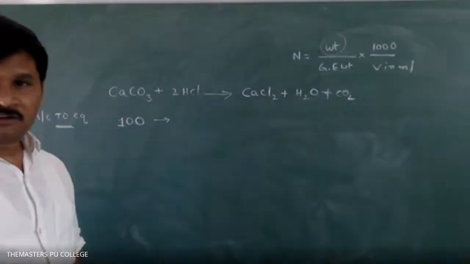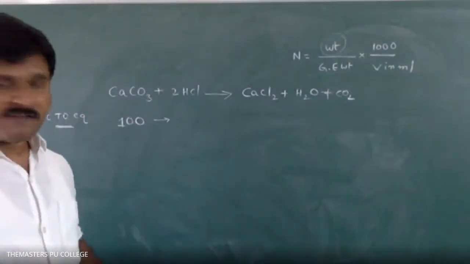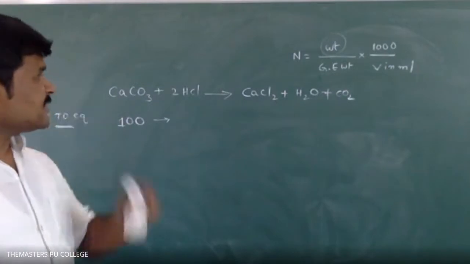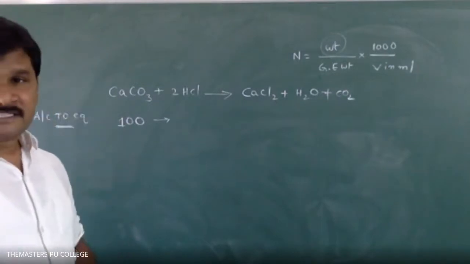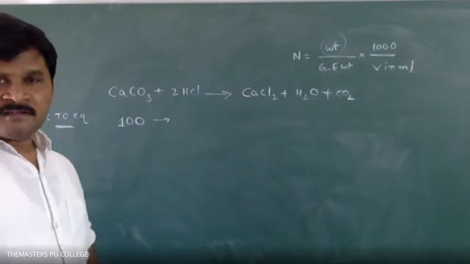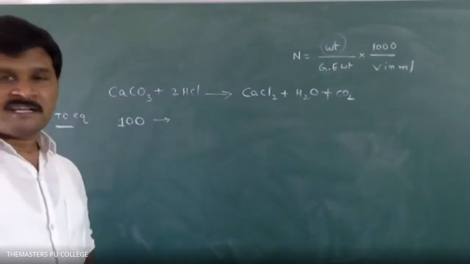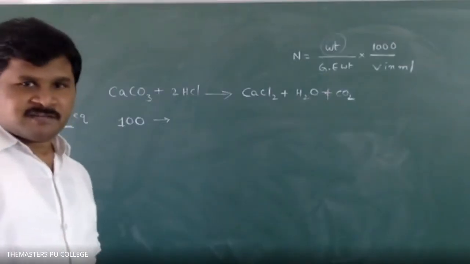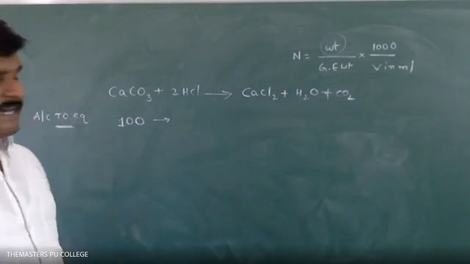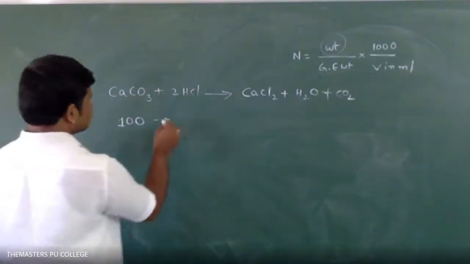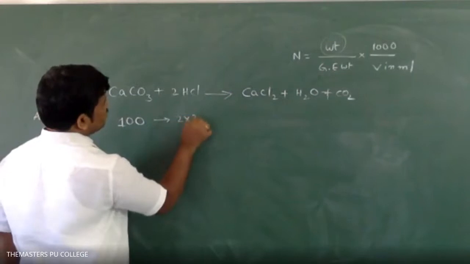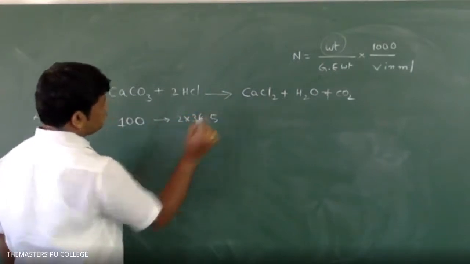Equivalent weight of CaCO3 is equal to equivalent weight of HCl. I don't know what is given, so I am doing my own style. So 100 requires 2 into 36.5.